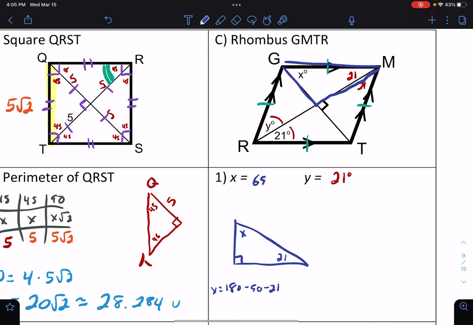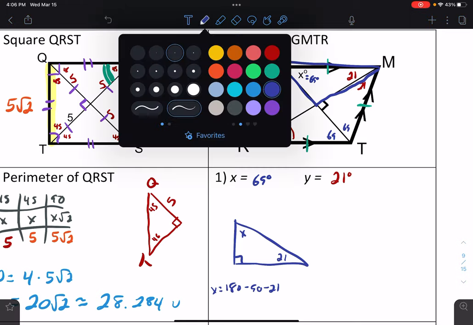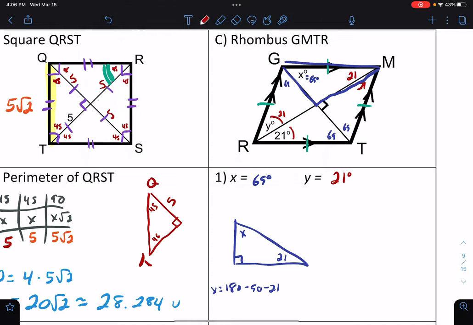That's going to give me 69. So x is going to equal 69 degrees there. Okay? We could have also put 69 down here with alternate interior angles, or recognize that these angles are cut in half. Okay, so we can fill in the rest of my figure there. I can even put 21 in here for the y value, okay?